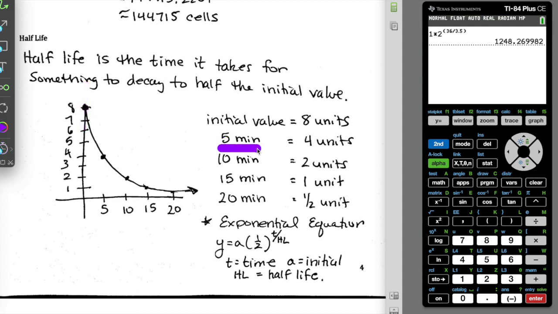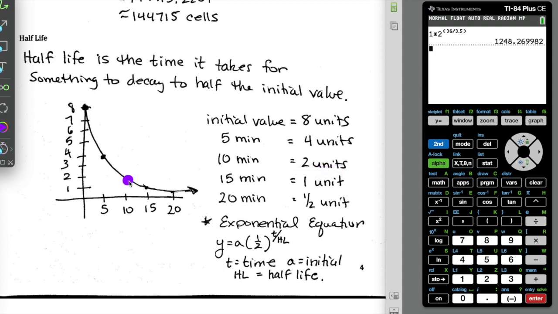In 5 minutes, it gets cut in half from 8 units to 4 units. So at 5 minutes, it's going to go from 8 to 4. Then in another 5 minutes, so that would be 10 minutes, that 4 units is going to get cut in half to 2 units.